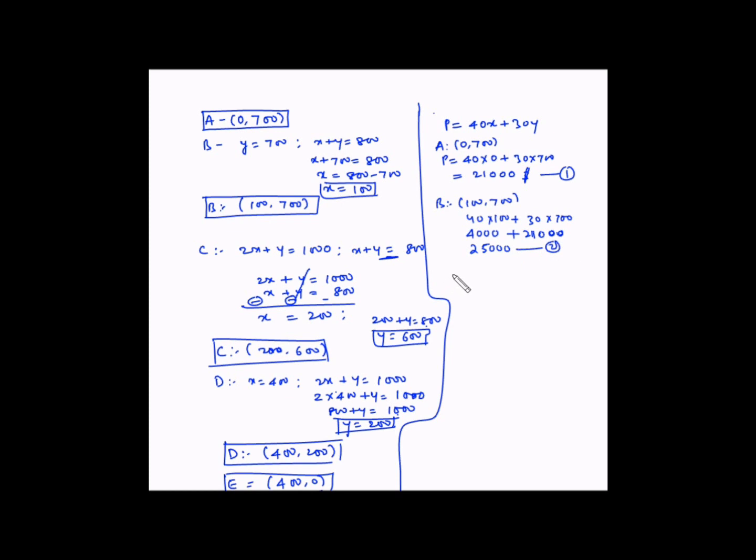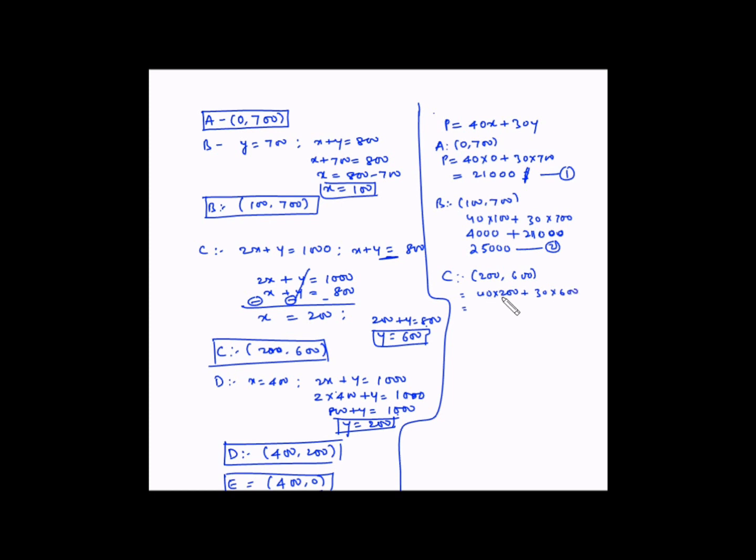Next, let us take the coordinates of point C. So the coordinates of point C are 200 and 600. Let us put these values in the objective function. So we get 40 multiplied by 200 plus 30 multiplied by 600.